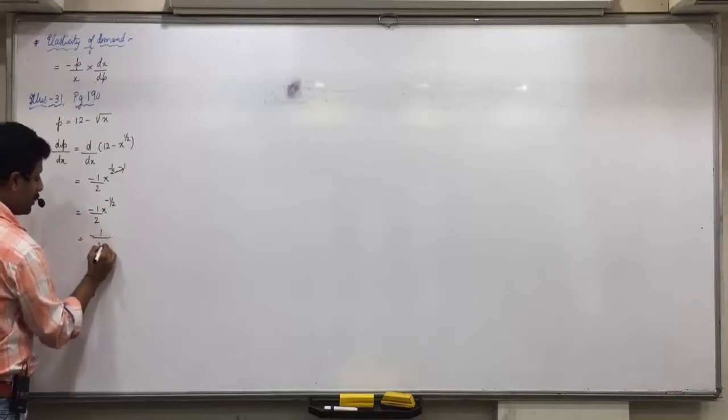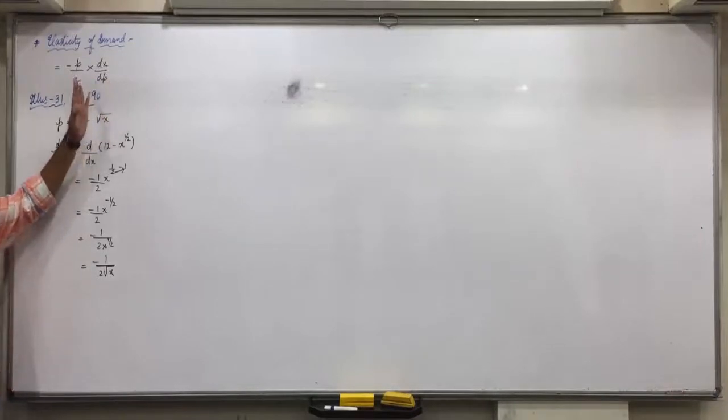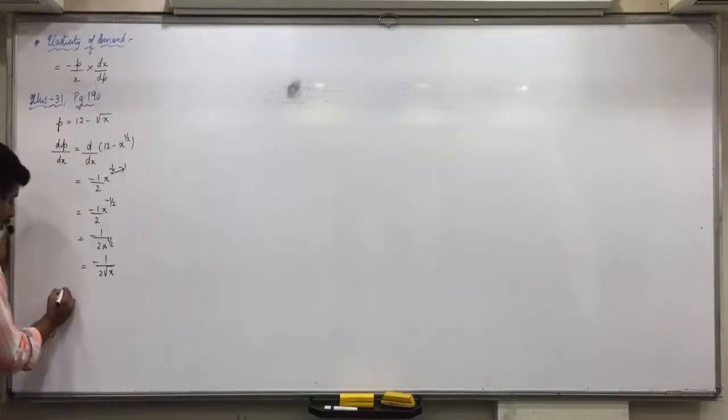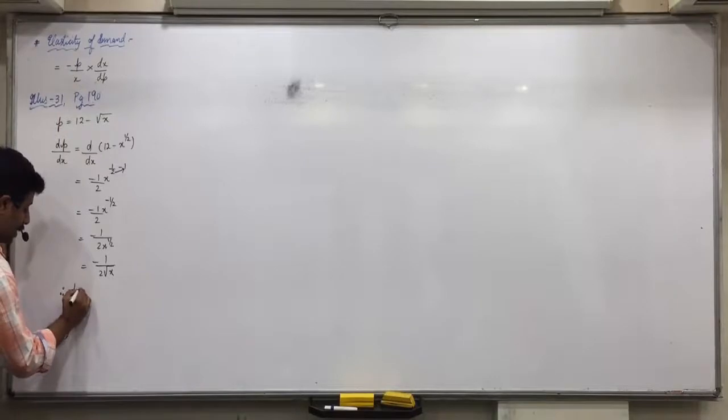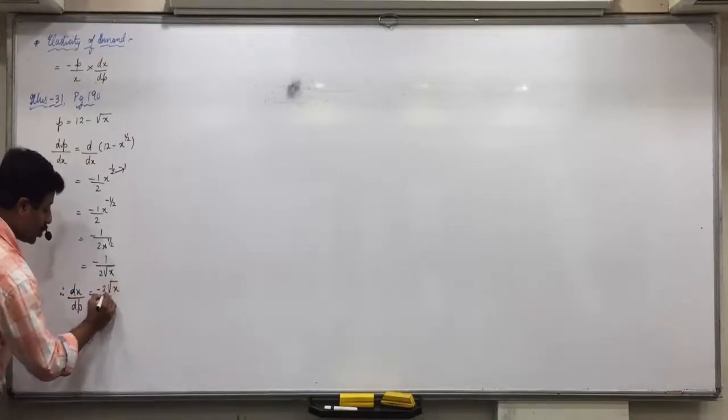That will come in the denominator. So minus 1 upon 2 root x. Any doubts in this? But this is dp upon dx, and in the formula we need dx upon dp. So reverse it. What will be dx upon dp? Minus 2 root x.